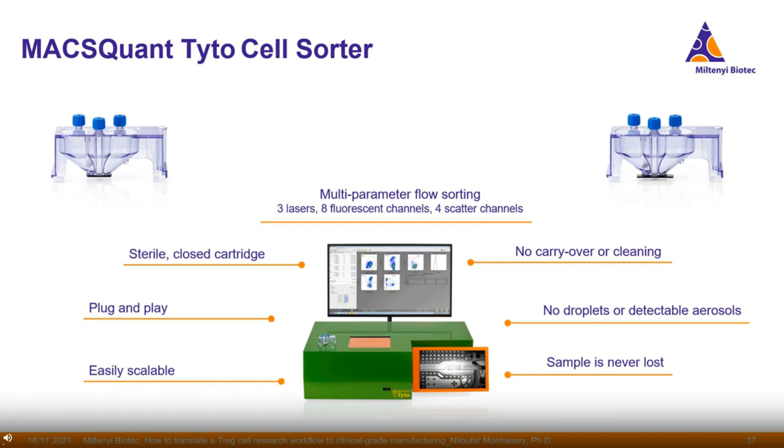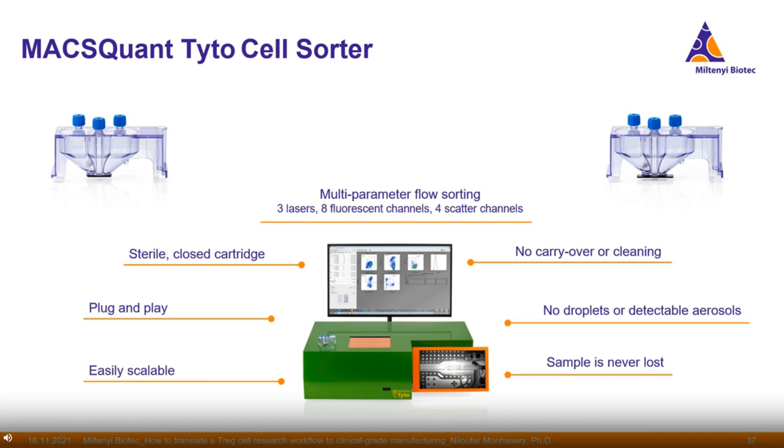You can use Tyto Cell Sorter with GMP grade cartridges to reach a closed system. No carryover or cleaning is needed. It's plug and play, easily scalable, no droplets or detectable aerosols, and sample is never lost, and all can be done in the cartridges.